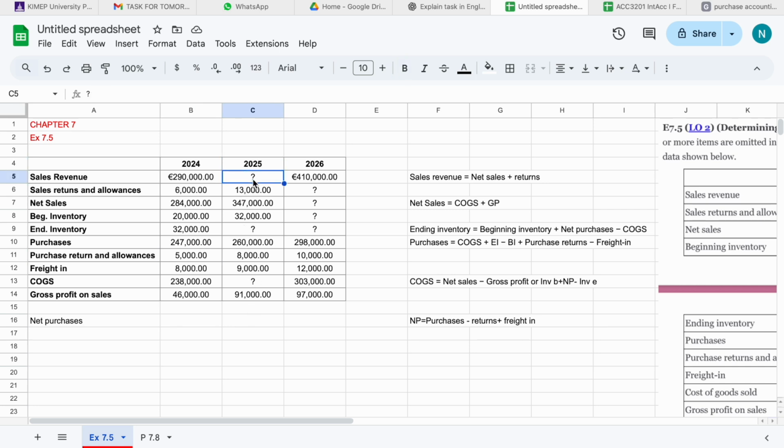To find the sales revenue of 2025, we can add net sales to the net returns.